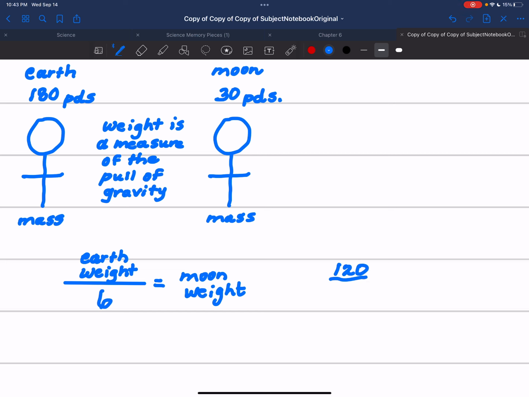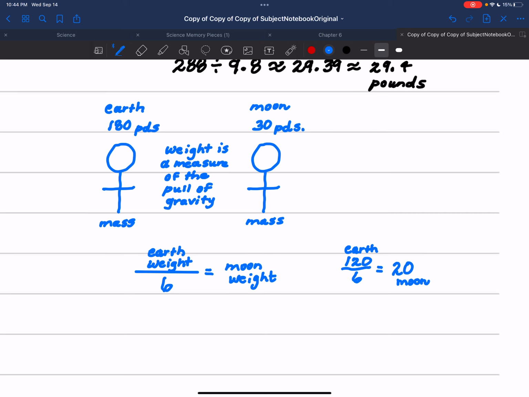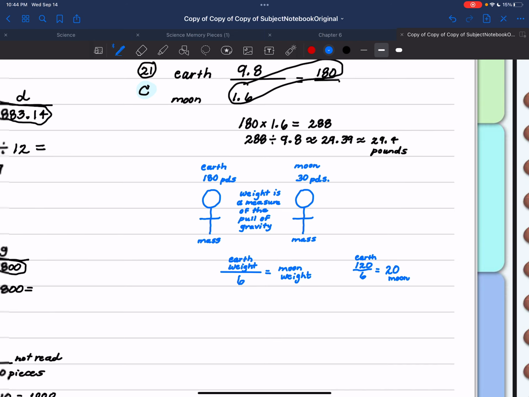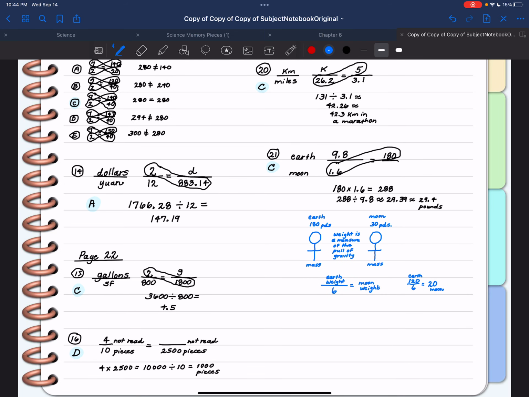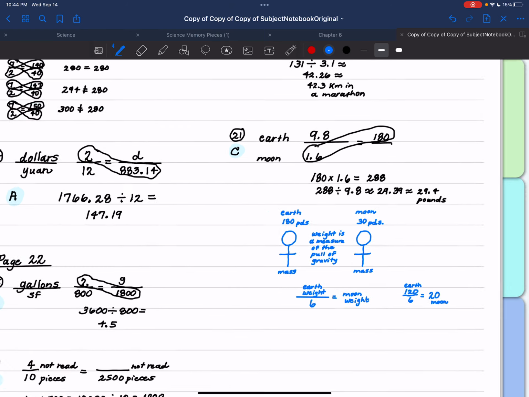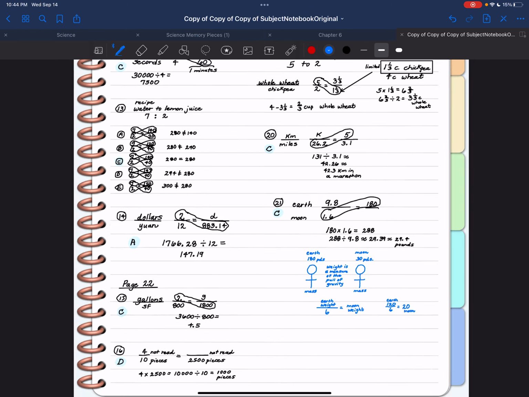So 120 divided by 6 means that on the moon, he would only weigh 20 pounds. And then when he came back to Earth, you would do 20 times 6. He would weigh 120 again. That has nothing to do with math here at all, but it is such an important concept for science. It's worth taking the time to study.